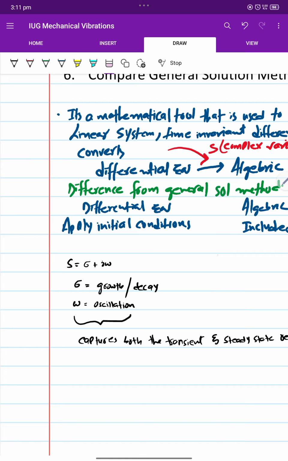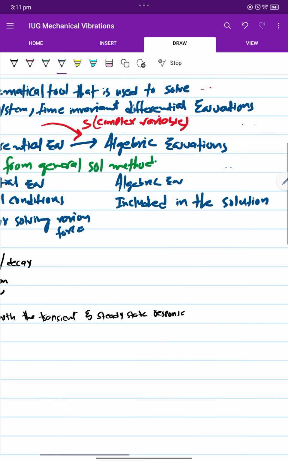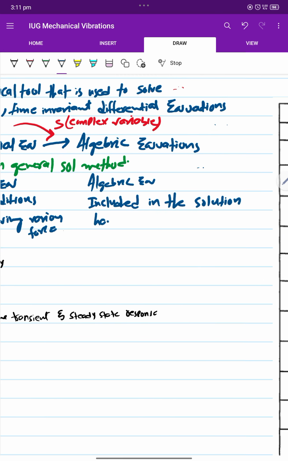It's difficult for the general solution method to handle various forces, while the Laplace can handle any type of force function.